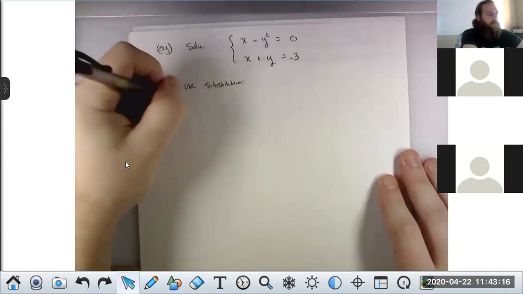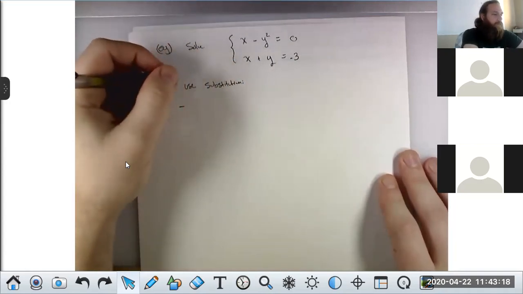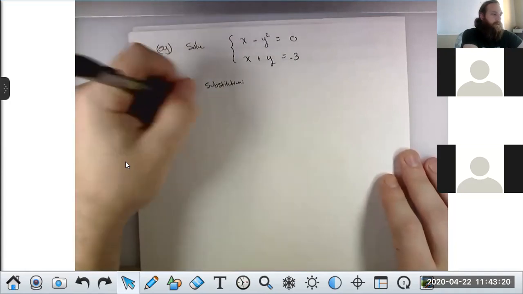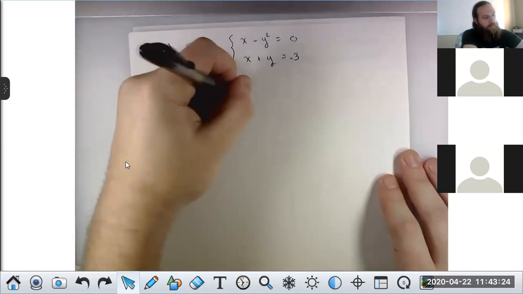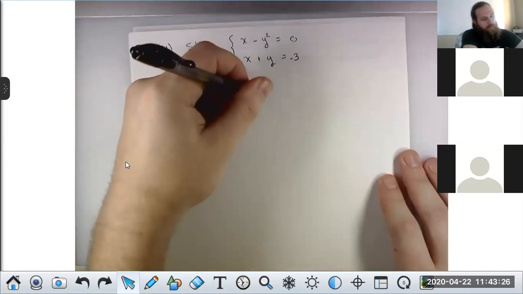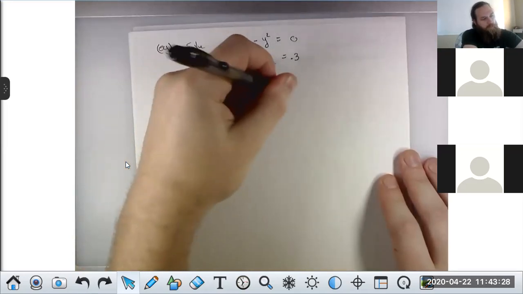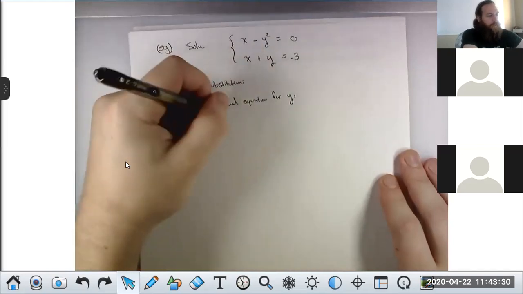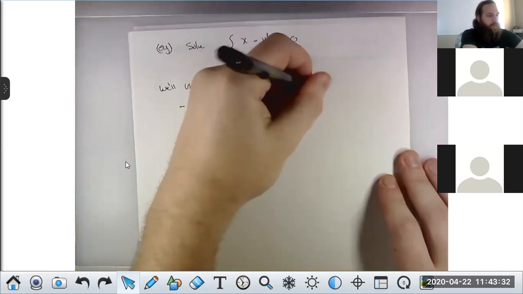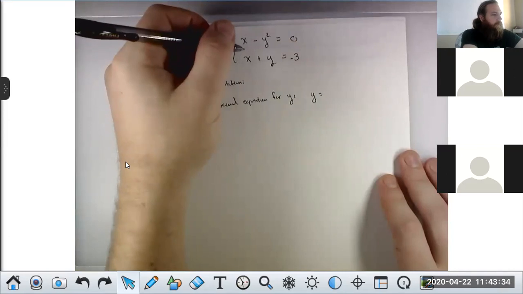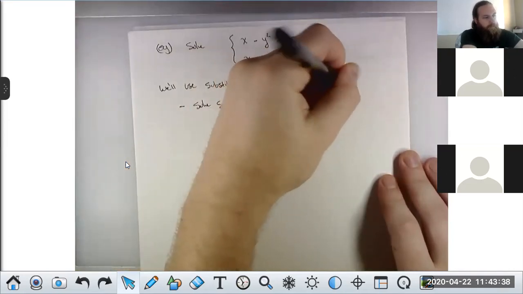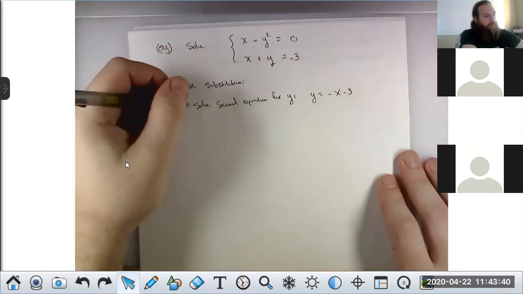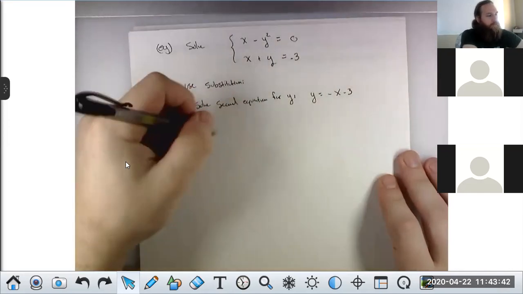So solving the second equation for y, say, I get y equals negative x minus 3. And then I can take that and plug it into the first equation.